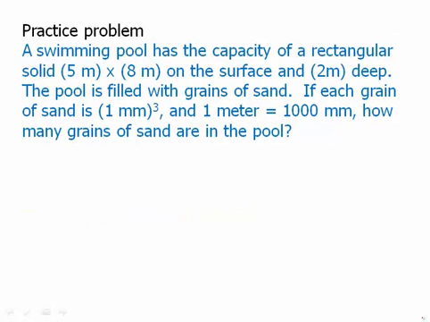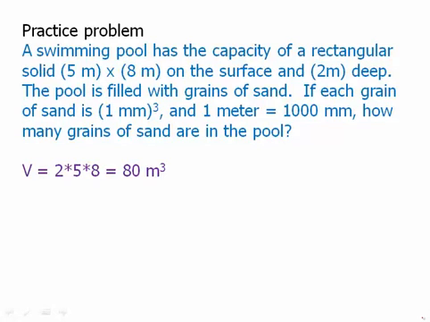Here's another practice problem. Pause the video and then we'll talk about this. So they give us the dimensions of the pool in meters, and then we want to fill it with sand, which is given in cubic millimeters. So first of all, we can figure out the volume of the pool. The volume of the pool, 2 times 5 times 8, well, that's 10 times 8, which is 80 cubic meters.